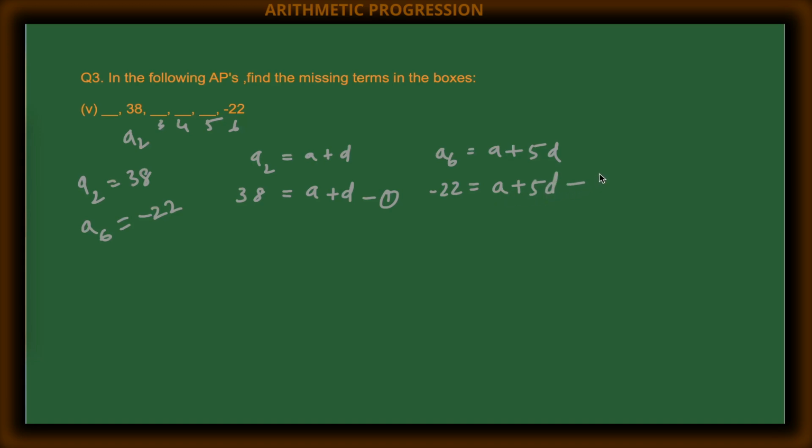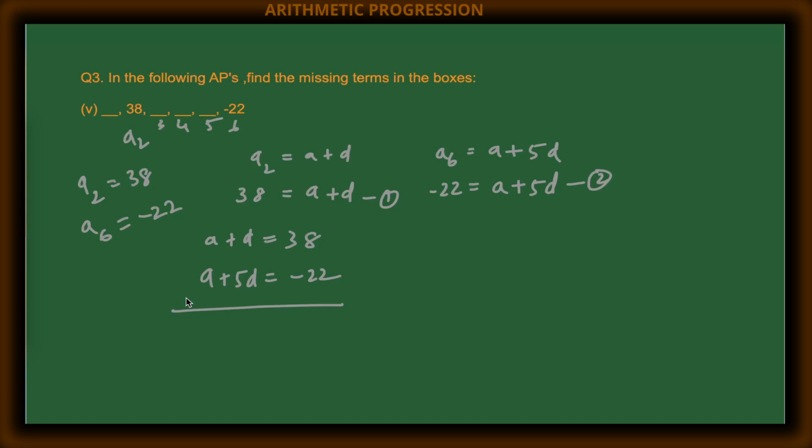So this is a second equation. So A plus D is equal to 38. Then we have another, A plus 5D is equal to minus 22.